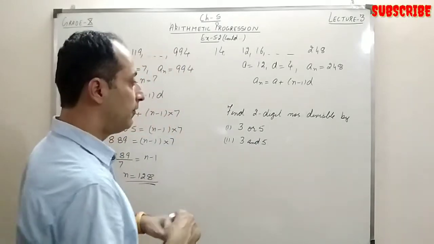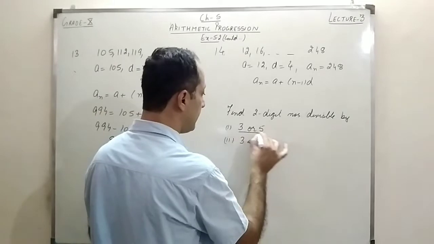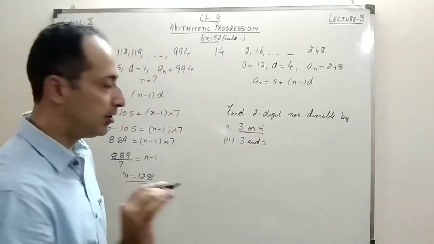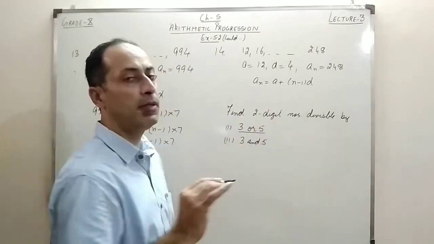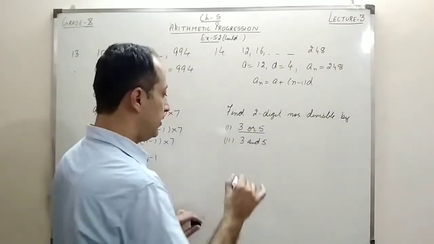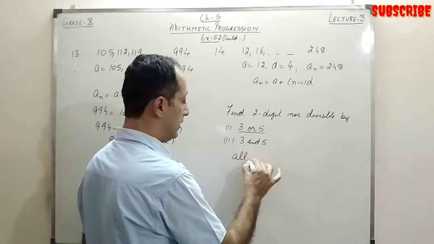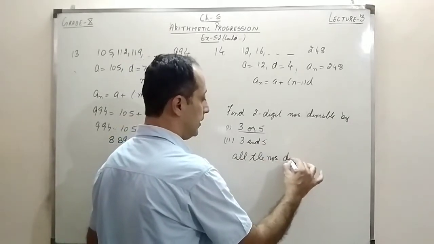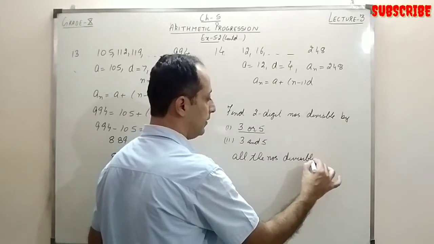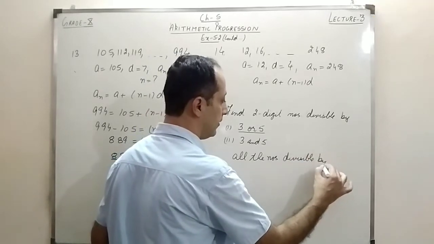Now one thing more, when you do this question, how you proceed is, first, you find all the numbers divisible by 3.